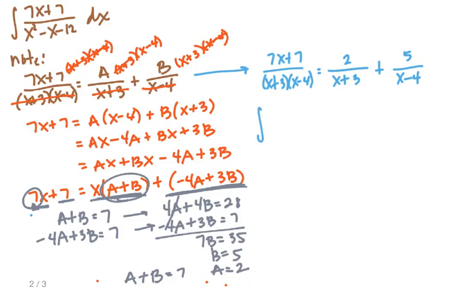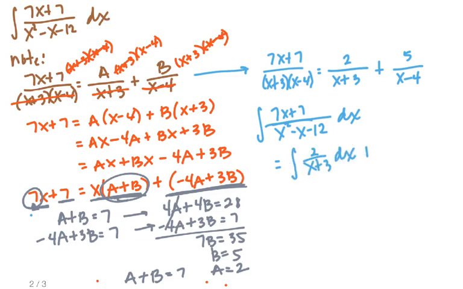So now we can say the integration of 7x plus 7 over, you can say x squared minus x minus 12, or you can put the factored form, they are equivalent, equals the integration of 2 over x plus 3 dx plus the integration of 5 over x minus 4 dx.